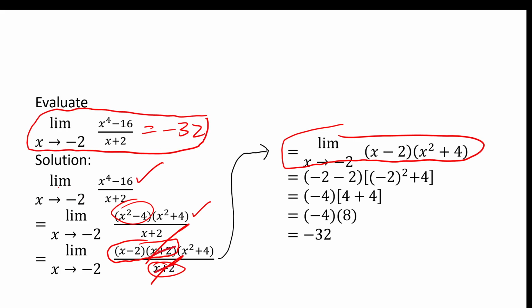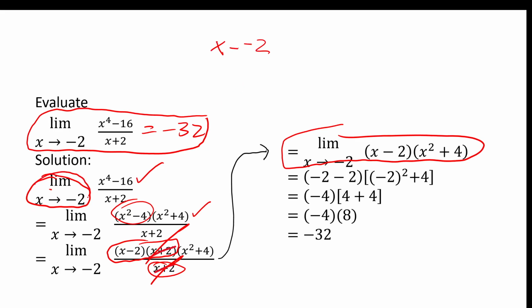Something I'd like to point out is that when we got the 0 over 0 by evaluating a limit as x goes to negative 2, something to look out for is that the vast majority of the time what we're going to end up doing is finding a factor of x minus negative 2 on the top and the bottom and crossing it out.